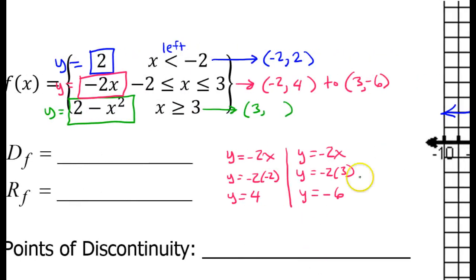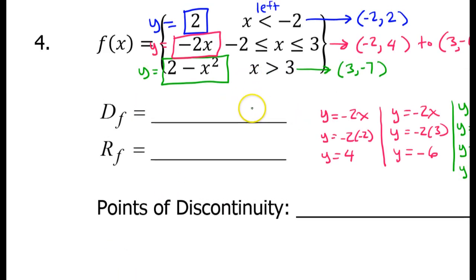Okay, so I think I can squeeze it in right here. So I've got y equals 2 minus x squared. So if x is 3, this becomes y equals 2 minus 3 squared. That's y equals 2 minus 9. Y equals -7. So negative 7.